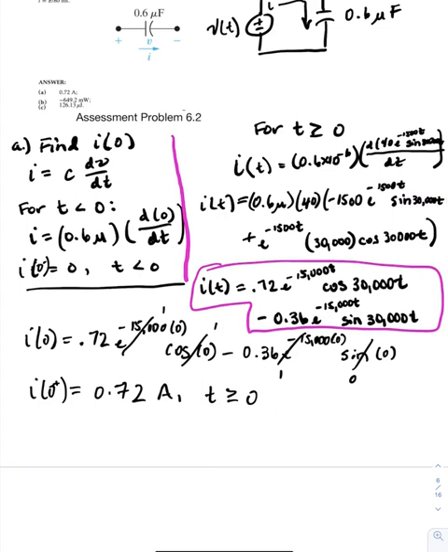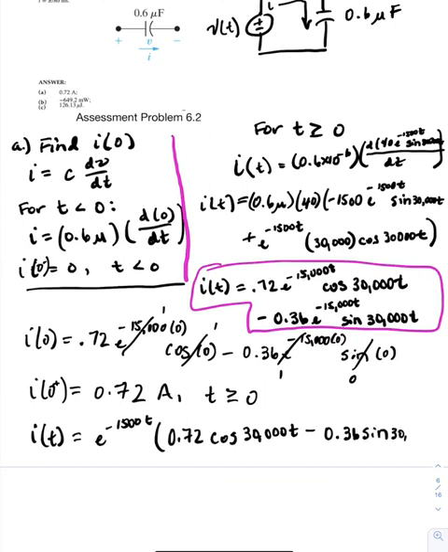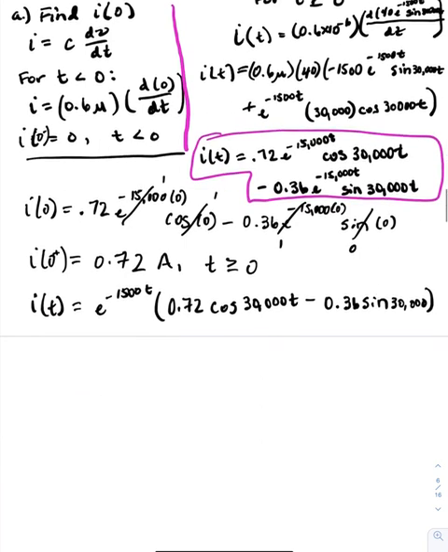So the expression for i of t, we could say, let's pull e to the minus 1500 t out, times 0.72 cosine 30,000 t minus 0.36 sine 30,000 t.